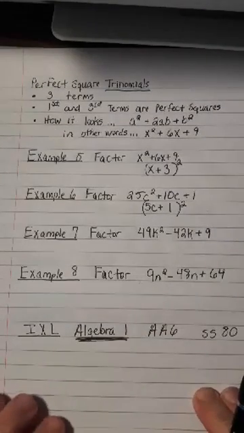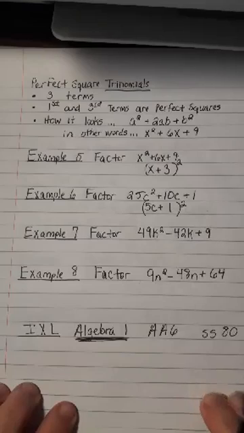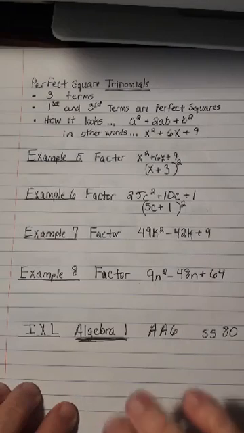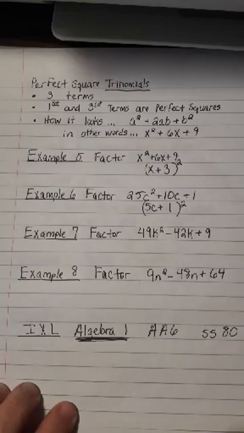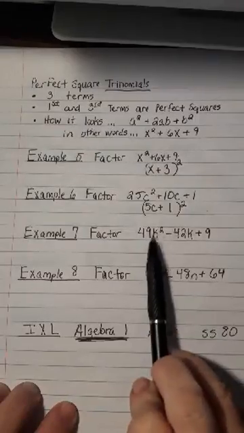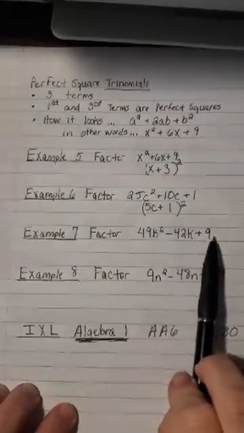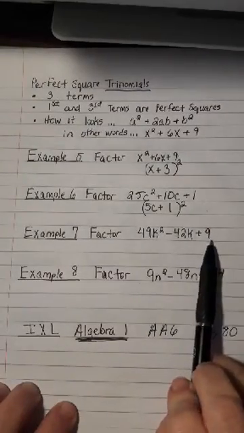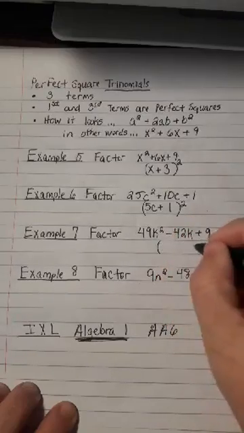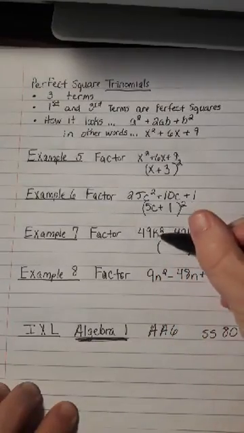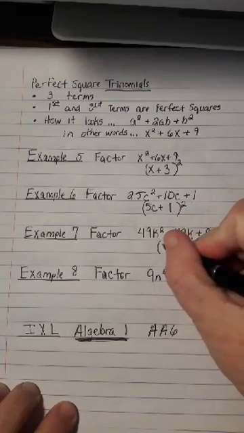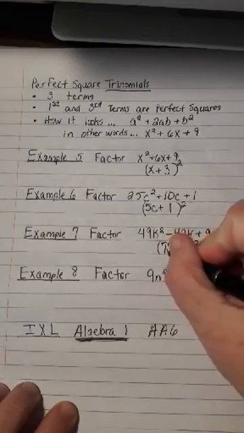All right, example 7. Remember, always check for GCF in any factoring you do. I don't think you're going to have any GCFs in these trinomials, though. Example 7. You have 49k to the second, which is a perfect square. Jump down to the end. You have a 9, which is a perfect square. So I'm going to put it into parentheses to the second power. Take the square root of 49k to the second, which is 7k.